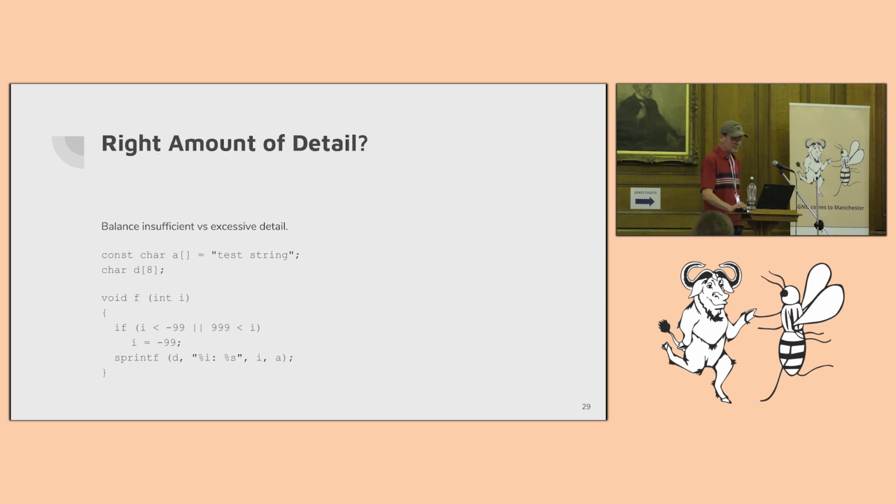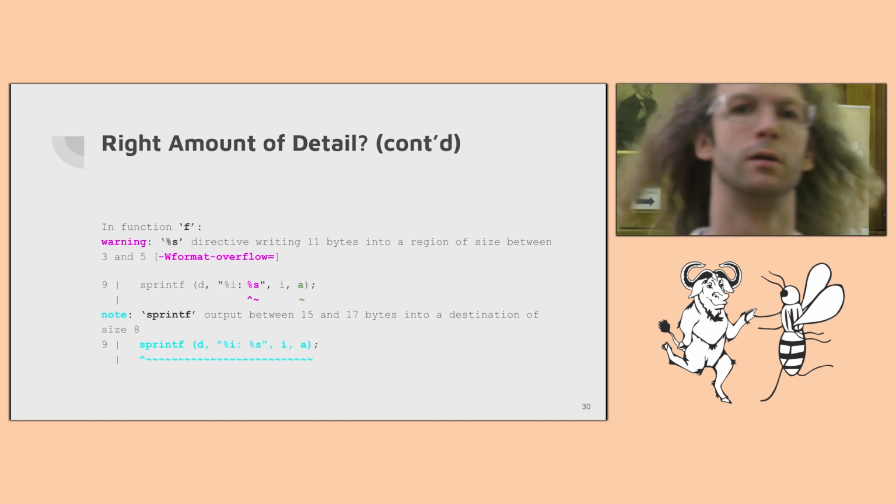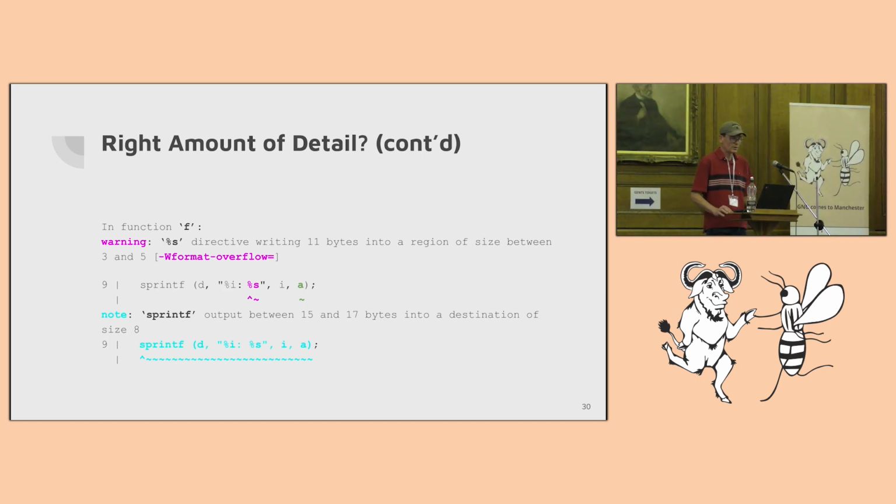So here we have a buffer overflow as a result of the arguments being out of bounds and the length of the string being excessive for the size of the destination buffer. And the warning that the format overflow produces, I think, has a sufficient amount of detail.